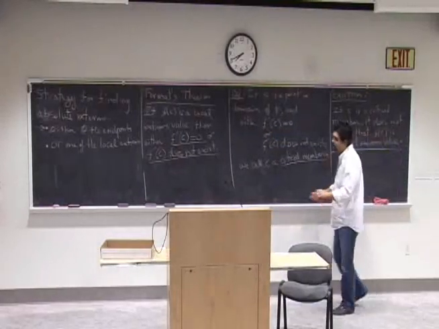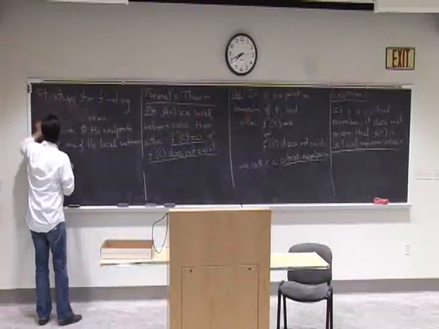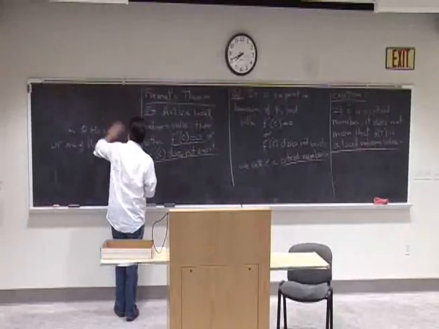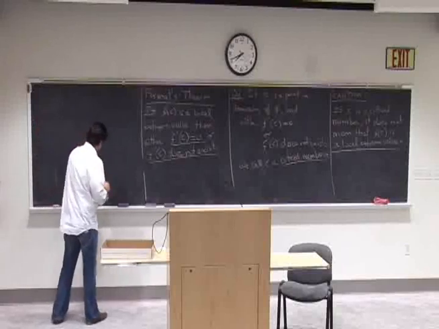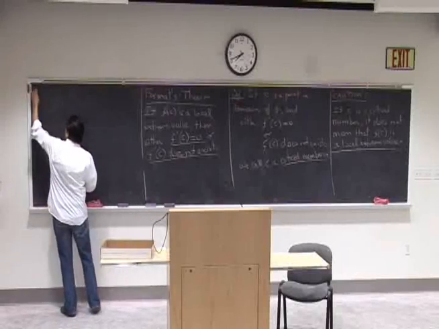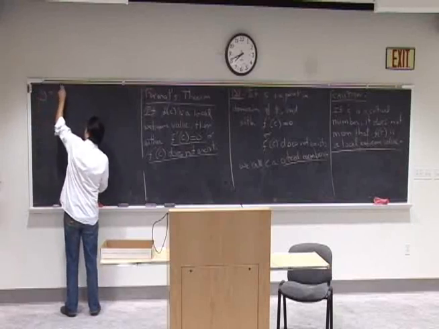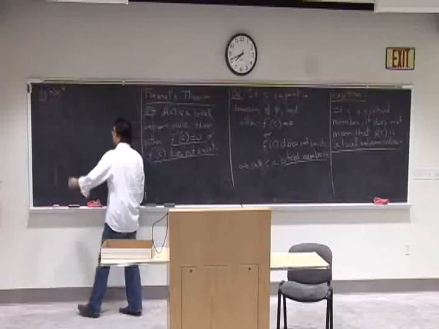Let's practice finding critical numbers now, and then we can talk about Fermat's theorem a little more. So, consider this curve, y equals x cubed. Let's find the critical numbers.